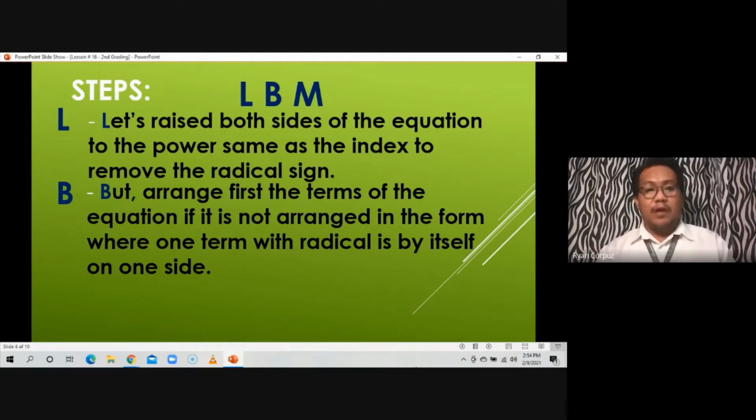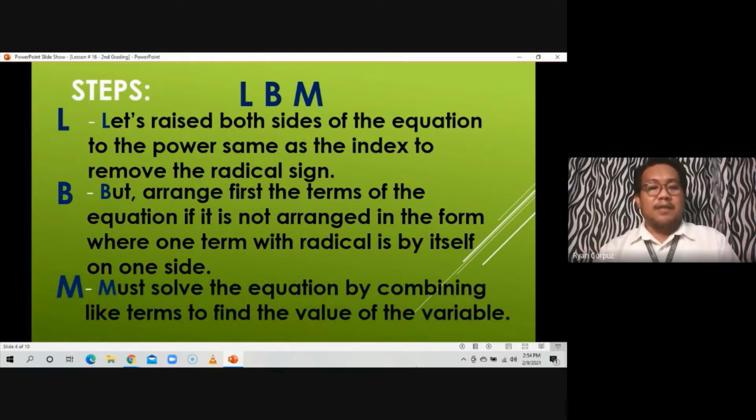Before we apply yung step number 1 na raising both sides of the equation to the power same as the index in order for us to remove the radical sign, again, let us not forget to arrange it first in the form where one term with radical is by itself on one side. And last, M stands for must solve the equation by combining like terms to find the value of the variable.